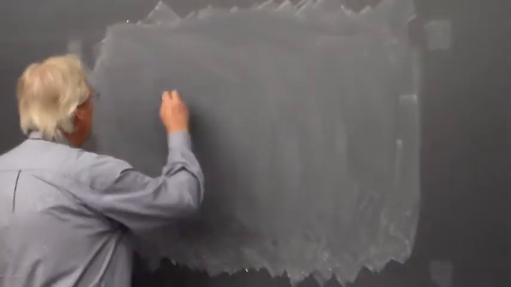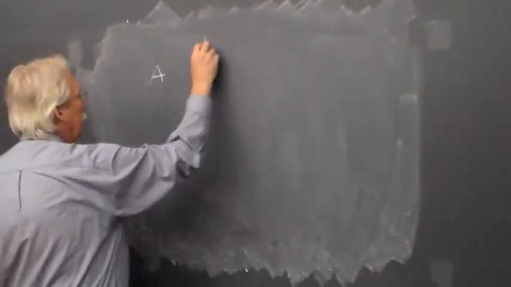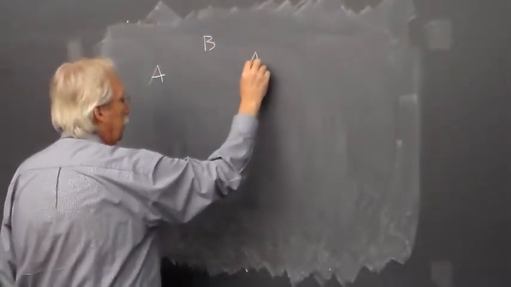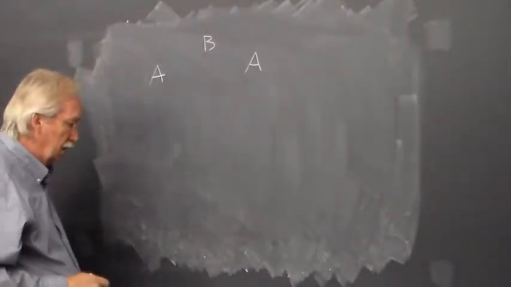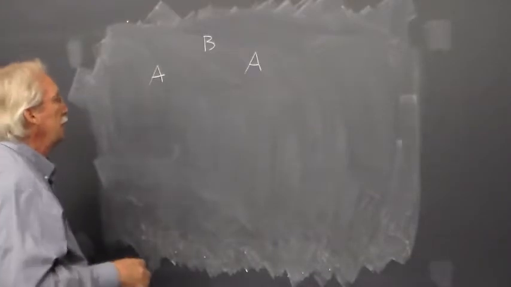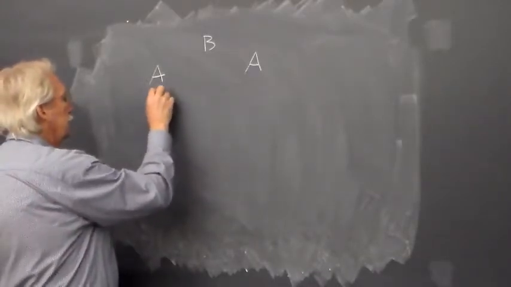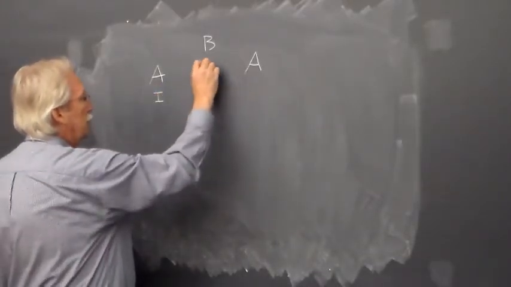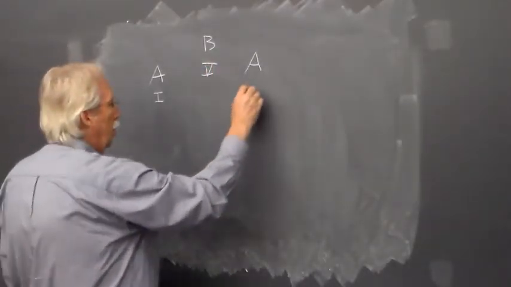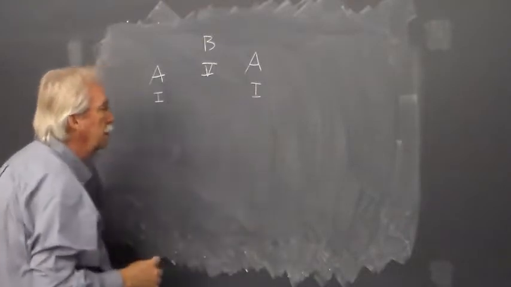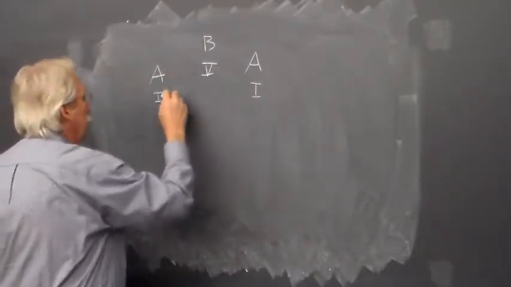So this basic pattern, which is one of those fundamental patterns in Western music, is known as 3-part rondo or first rondo.